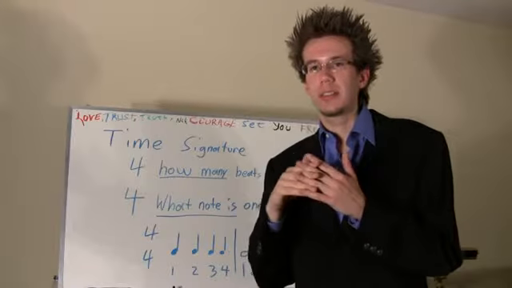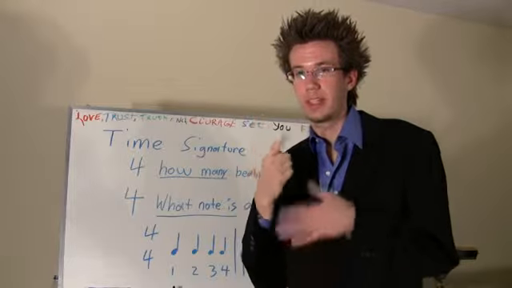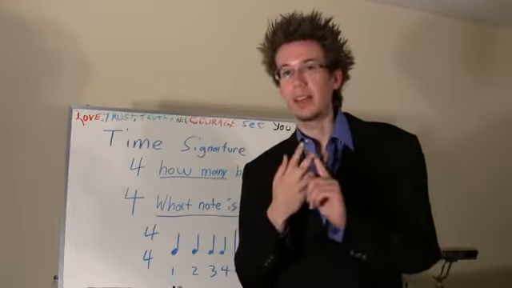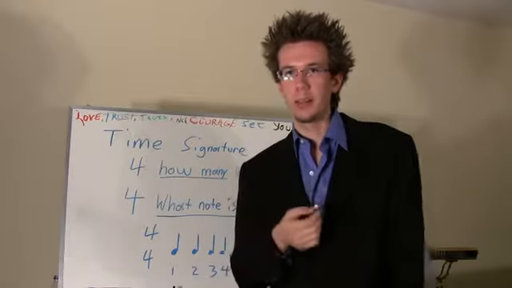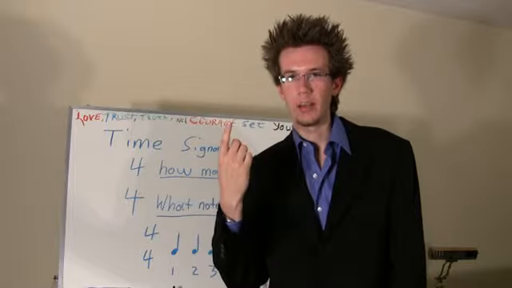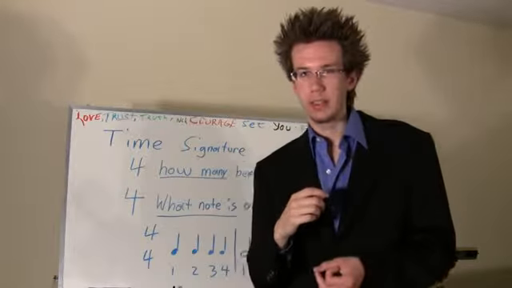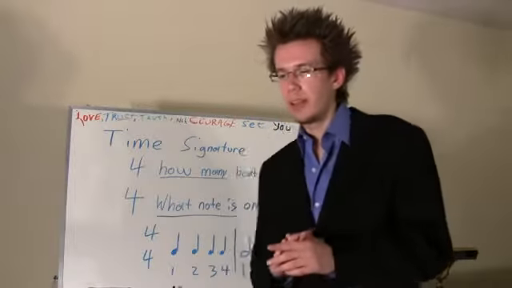So you need to know, well, what number am I going to be counting up to? Like what's the feel of the piece? I'll explain it later on. And what note am I going to count 1 for? Am I going to count a whole note for 1? Every time I see a whole note, am I going to go 1? Or is that going to be for a half note or a quarter note or whatever?